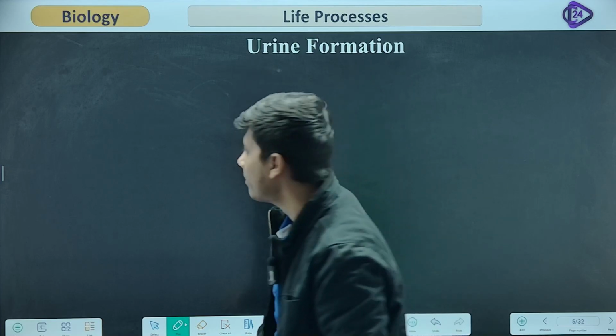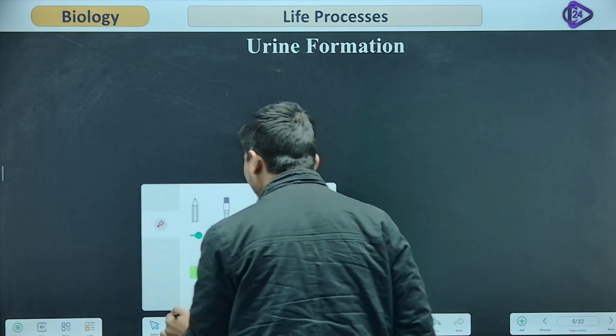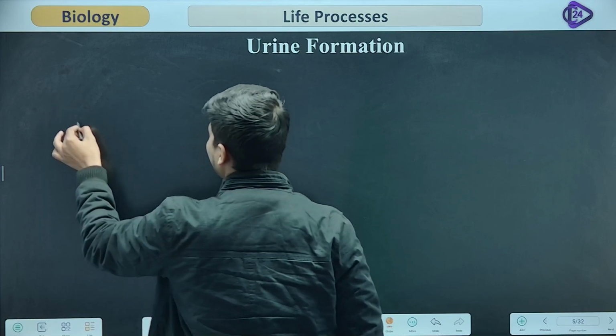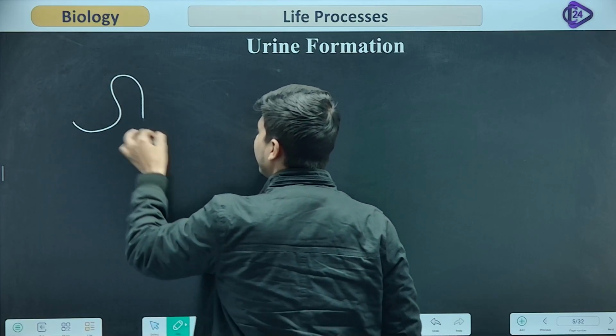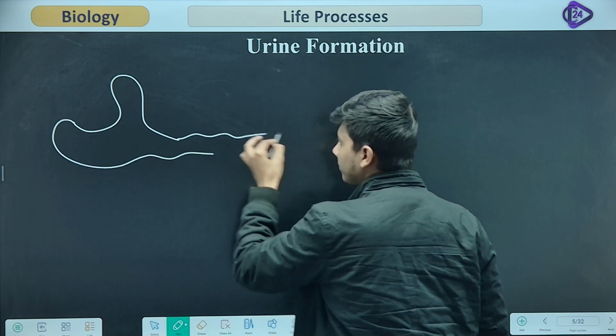We will discuss in detail by drawing our handmade diagram. Let us discuss the first step, glomerular filtration. What is glomerular filtration? Again, draw the diagram. Now we will draw the rough diagram and discuss it.